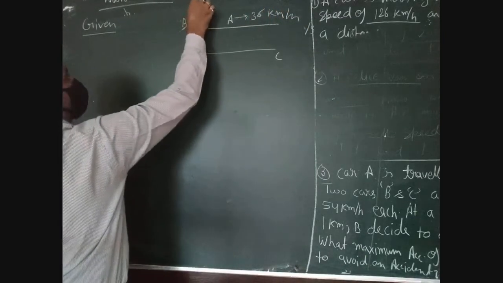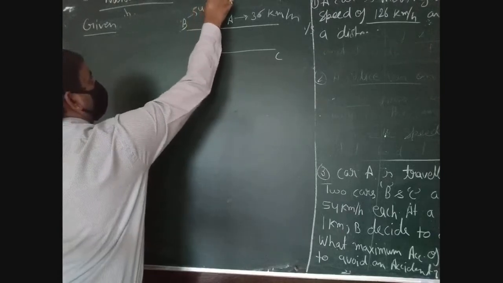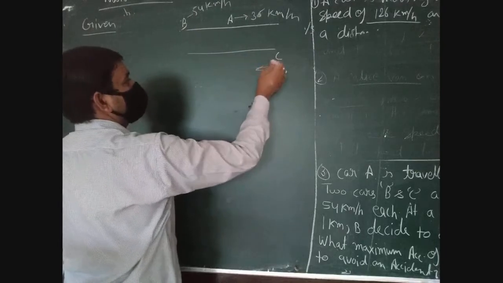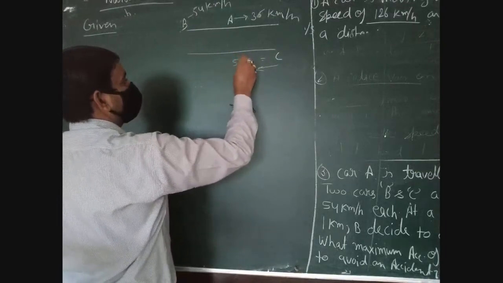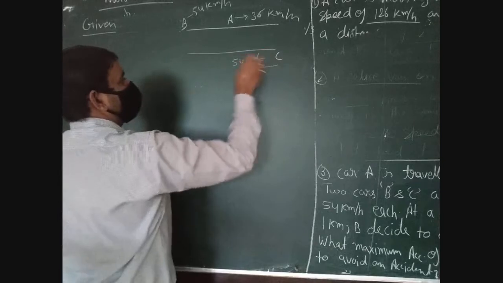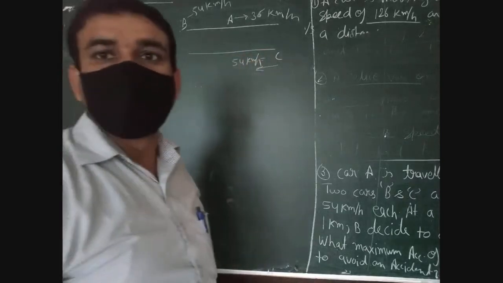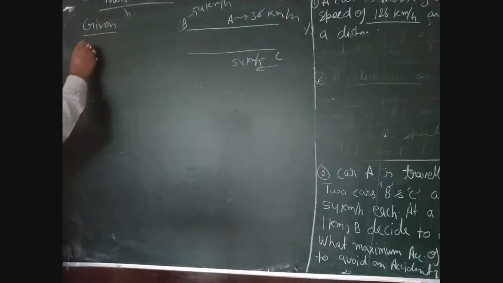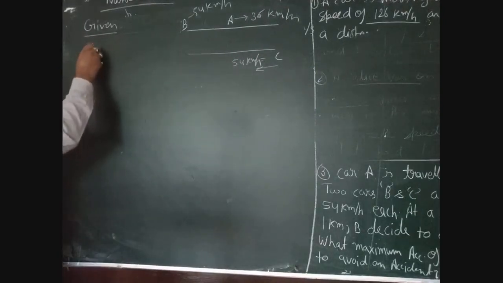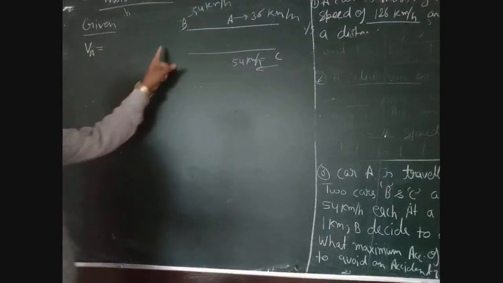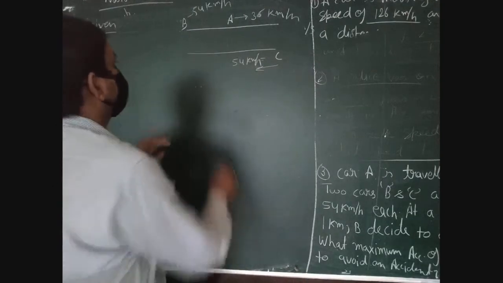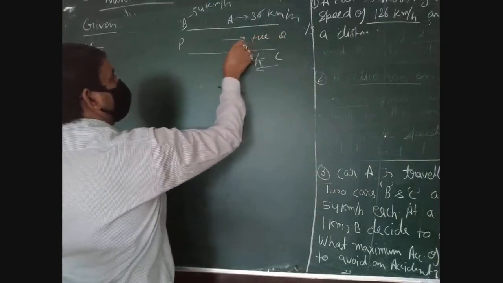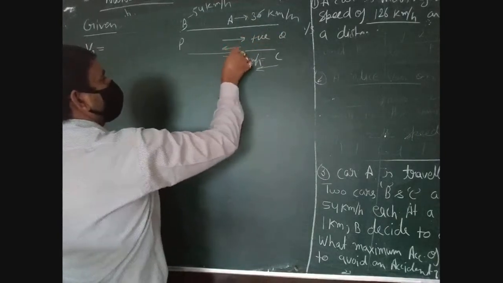Car B is moving with 54 km/h in the same direction, and car C is moving with 54 km/h opposite to B. Now first we have the speed of car A. The direction from P to Q is positive and opposite to P to Q is negative.